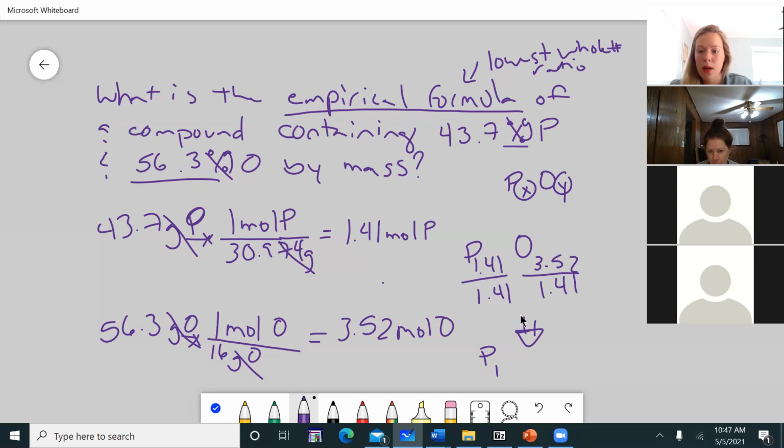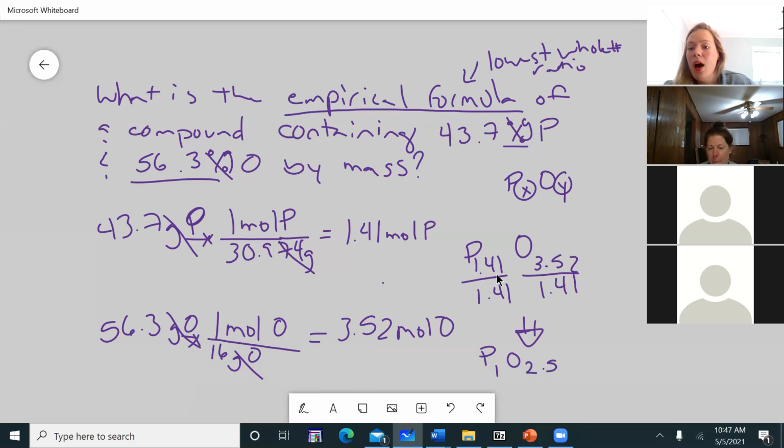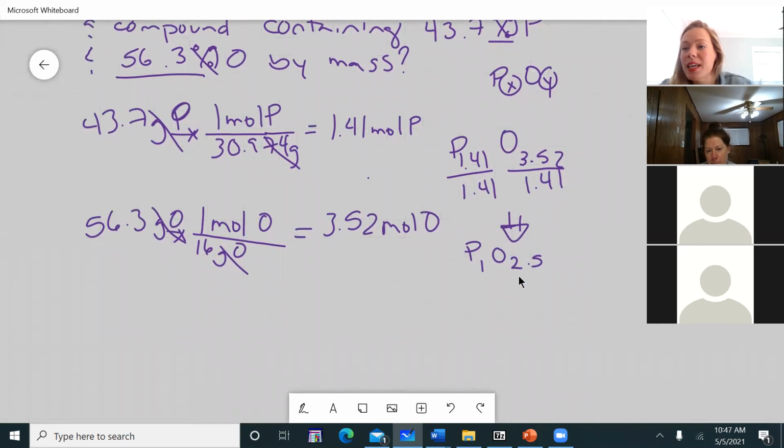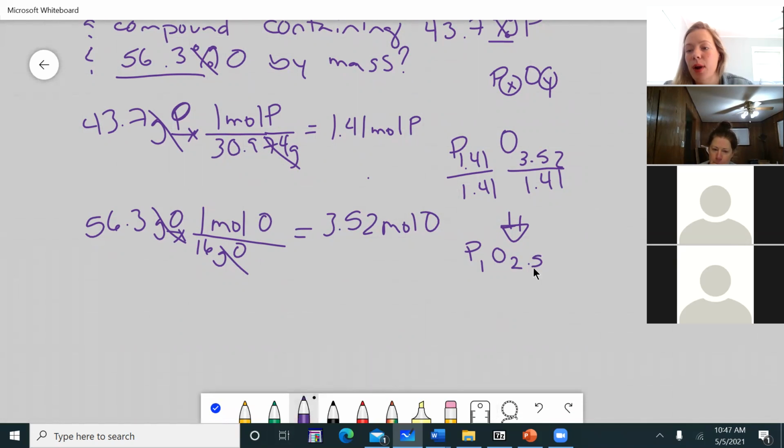Anything divided by itself is 1. And then oxygen has a subscript of 2.5. So we hope after this step we get 2 whole numbers. Did we get 2 whole numbers? No, we didn't. If this was like 2.999, we could round that to 3. But if it's 2.5, that is not close enough to round.